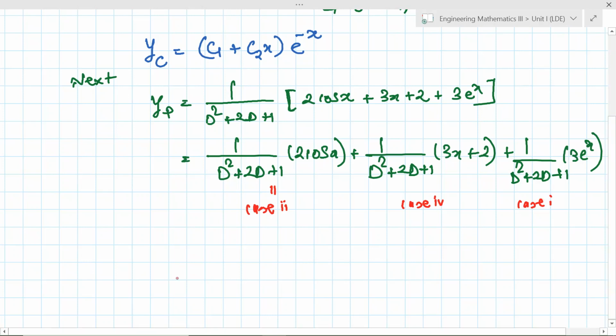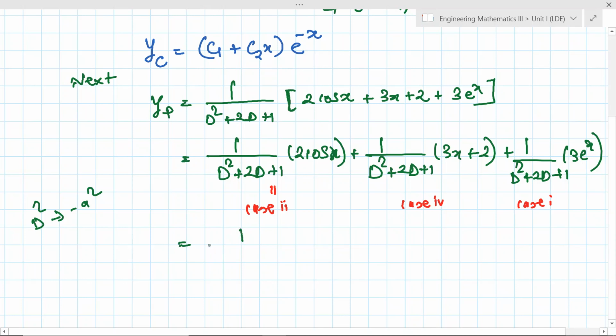So this is equal to what? In the first case, replace D square by minus a square. a is nothing but 1, so 2 cos x is there.